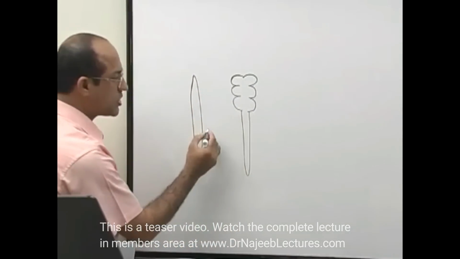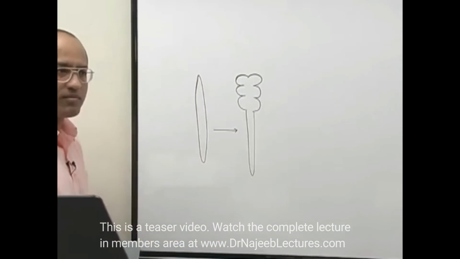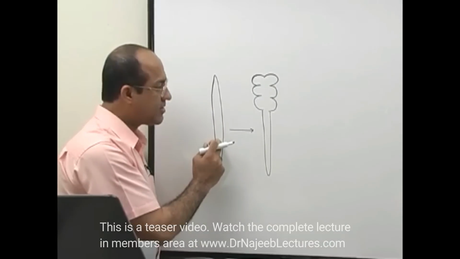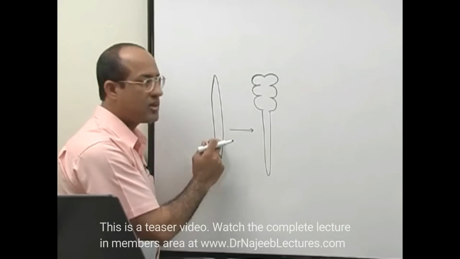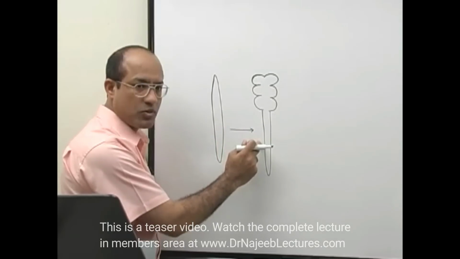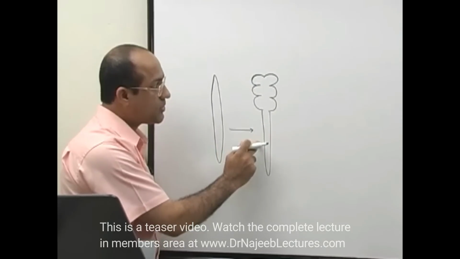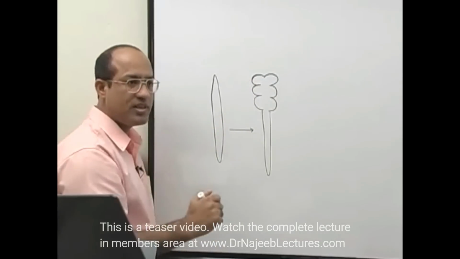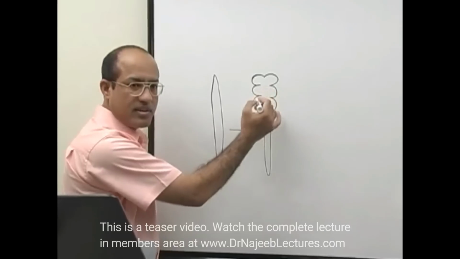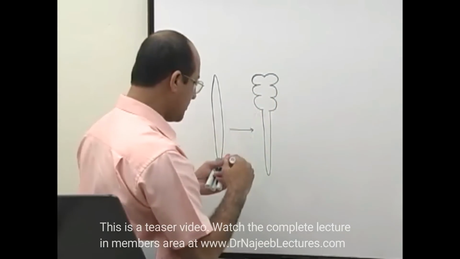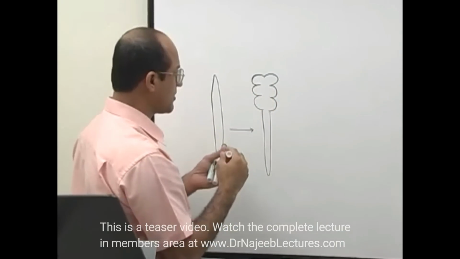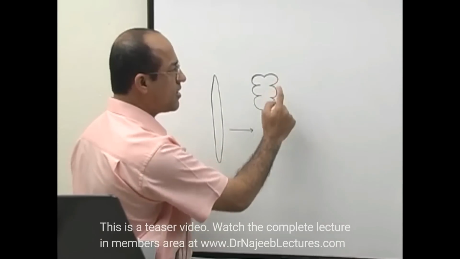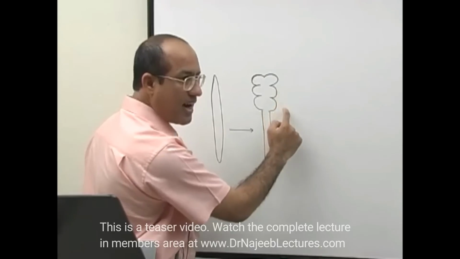During the development of the central nervous system from the neural tube, during intrauterine life, when it is developing in the fetus, first of all on the cranial side it will develop three swellings. Who will tell me the names of these swellings? Yes, forebrain, midbrain, hindbrain.